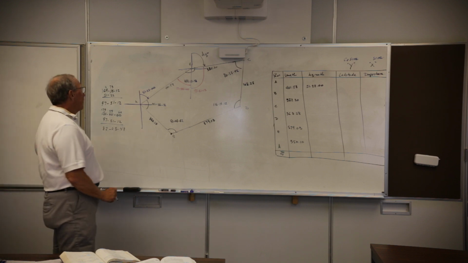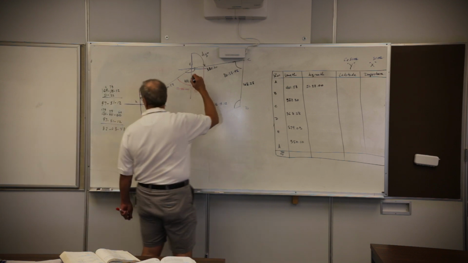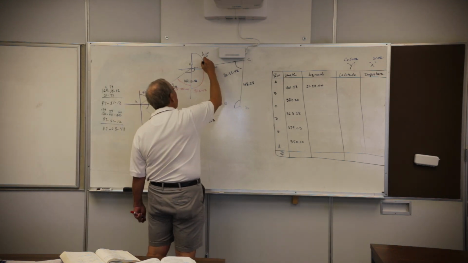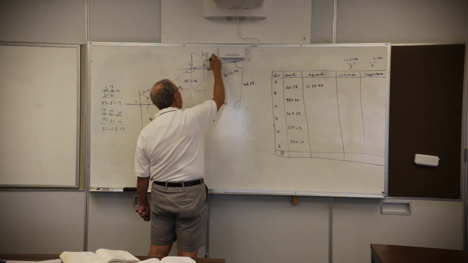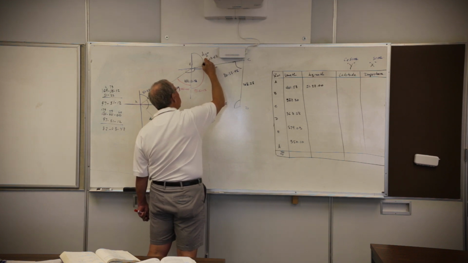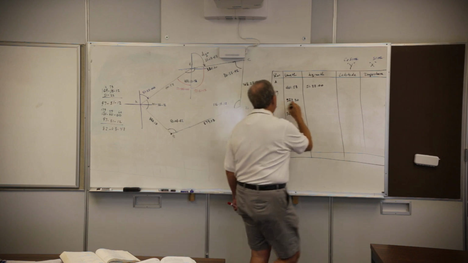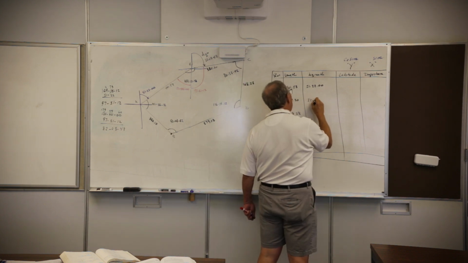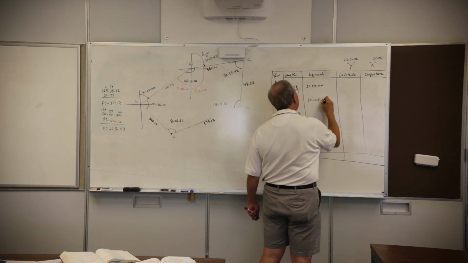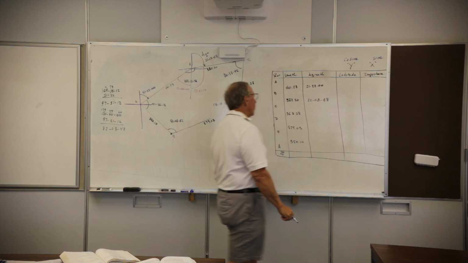So there's my azimuth of line BC. 82, 08, 48. There's one of them.